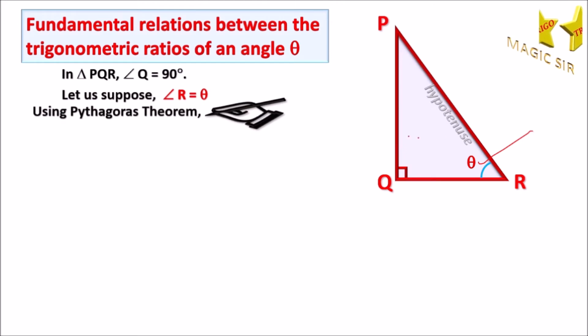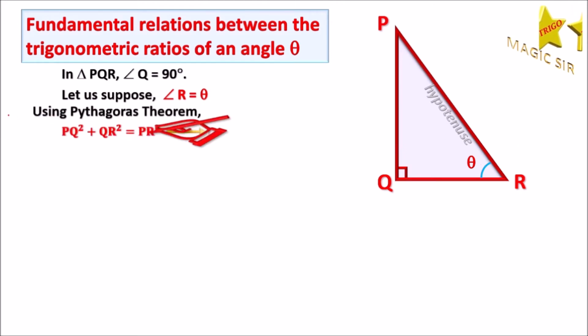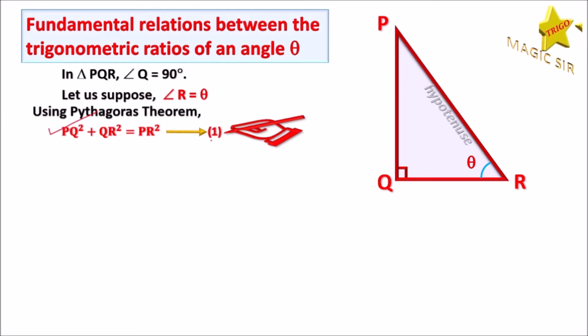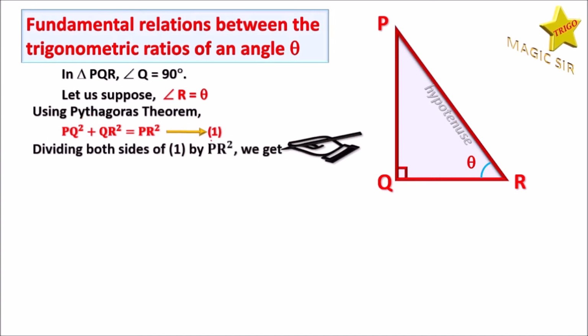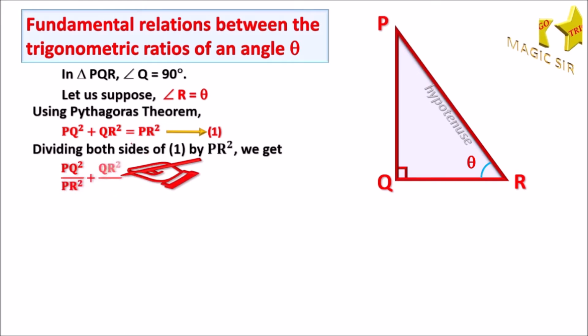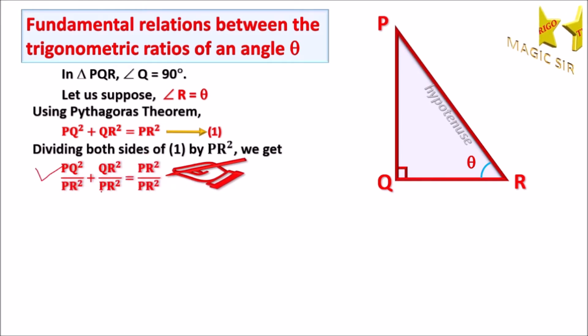Using Pythagoras theorem, we get PQ square plus QR square is equal to PR square. This is our first equation. Dividing both sides of equation 1 by PR square, we get PQ square upon PR square plus QR square upon PR square is equal to PR square upon PR square.